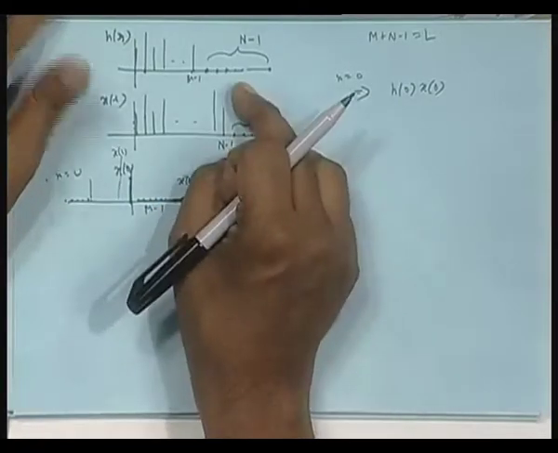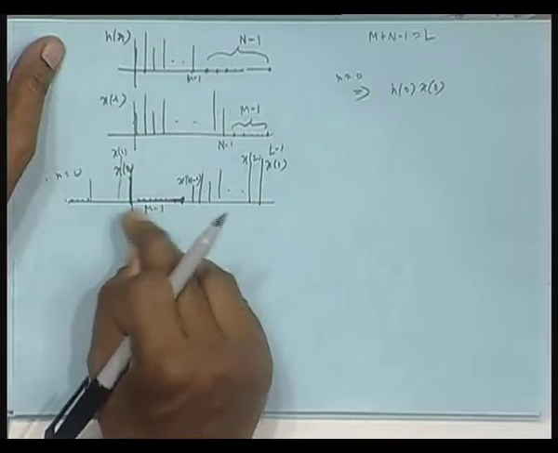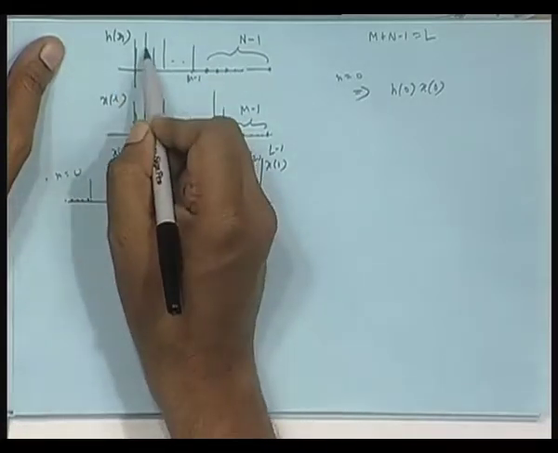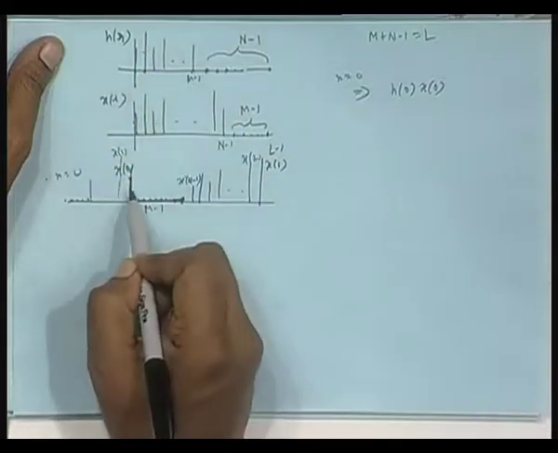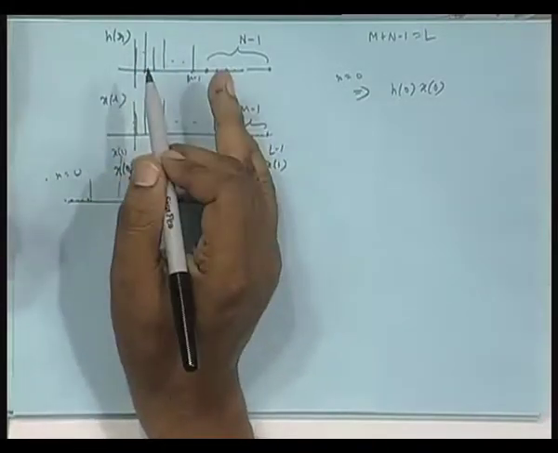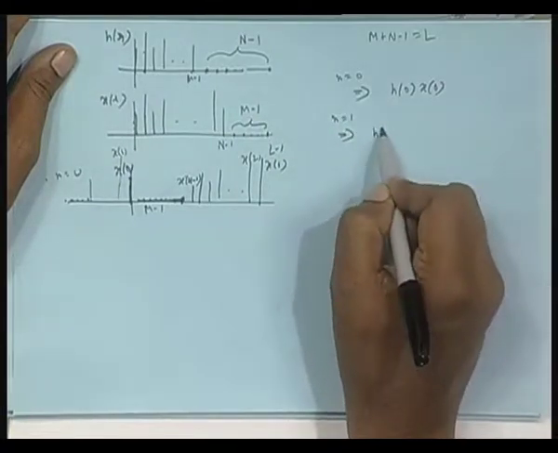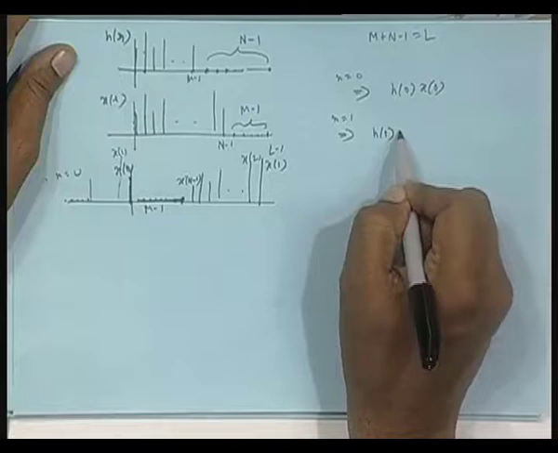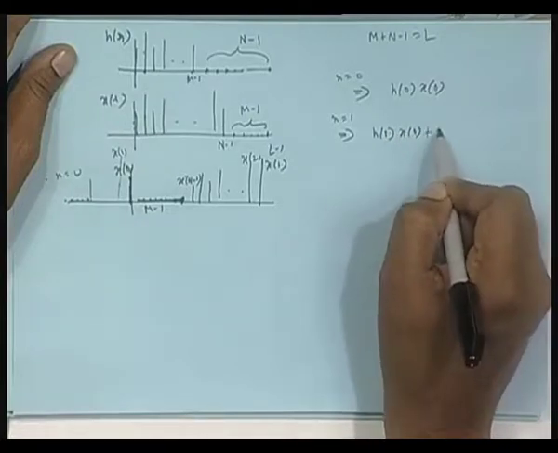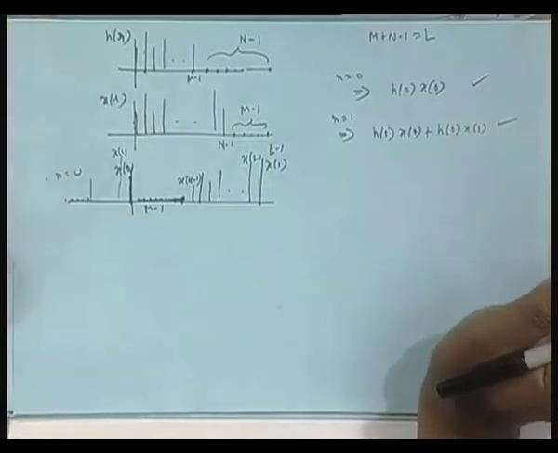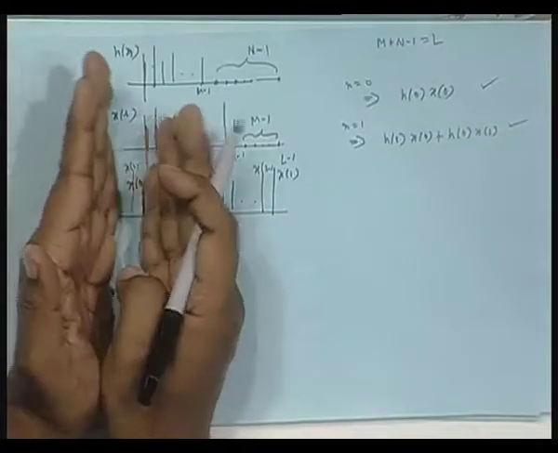rest of the data will be again multiplied by 0, only these two samples will be taken care of by, which one, x 0 will fall below h 1 now, and x 1 will come below h 0, linear convolution. All correct result, and I go on doing it.